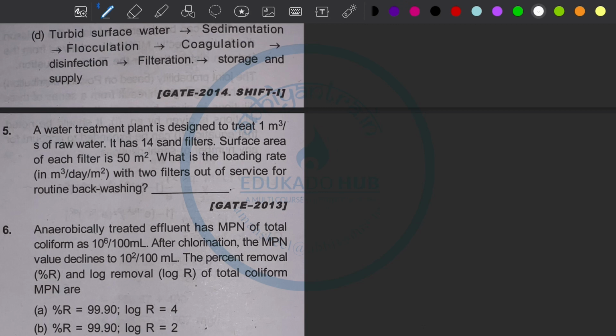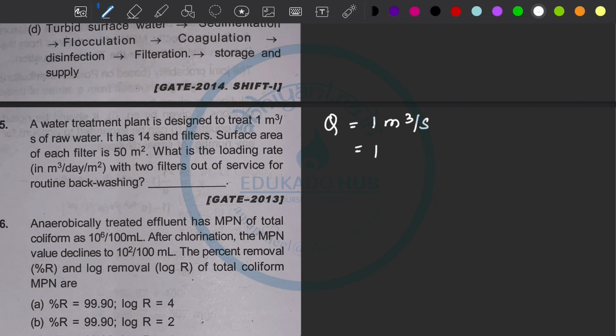So see, for this question we have been given the discharge of the water treatment plant, that is 1 meter cube per second. If we change it to meter cube per day: in a minute 60 seconds, in an hour 60 minutes, and in a day 24 hours.